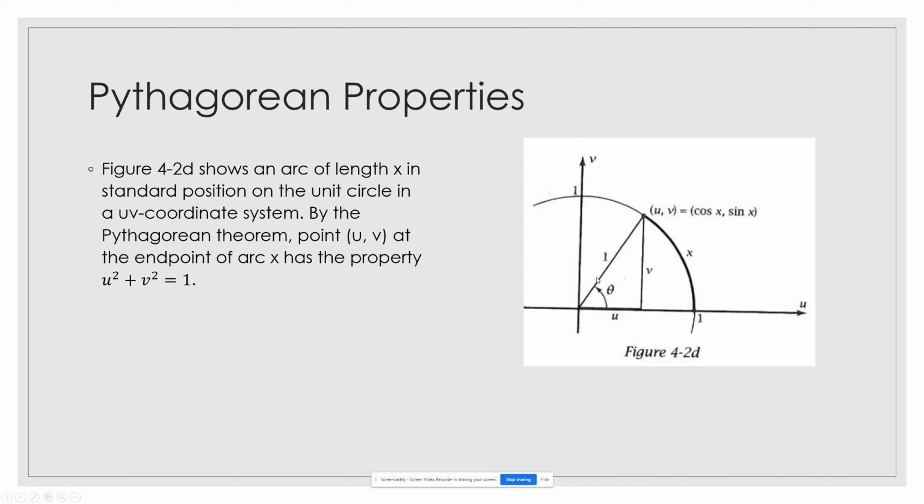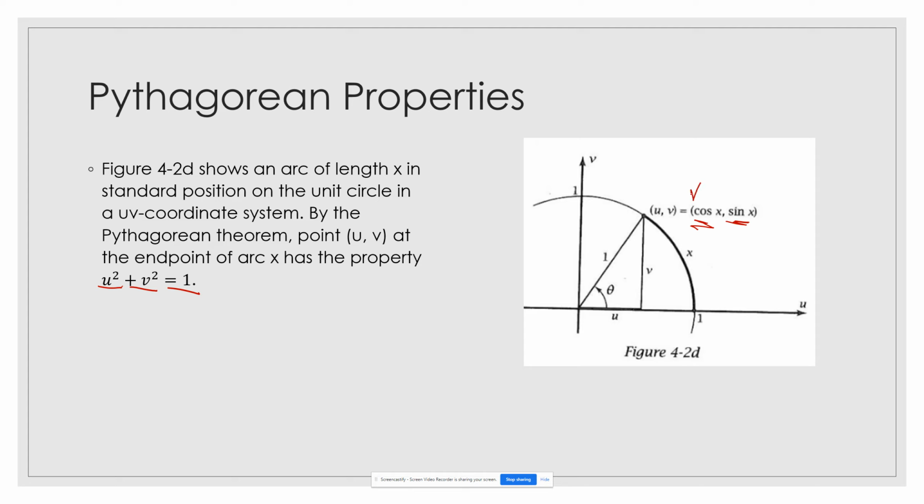And this point here is going to follow the Pythagorean theorem. So if this is 1, then we know that this squared plus this squared has to equal 1 squared. So what we know is that u squared plus v squared equals 1. We also know, because this is the unit circle, that u represents cosine and v represents sine.